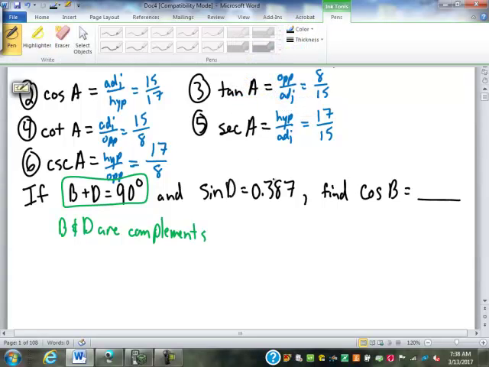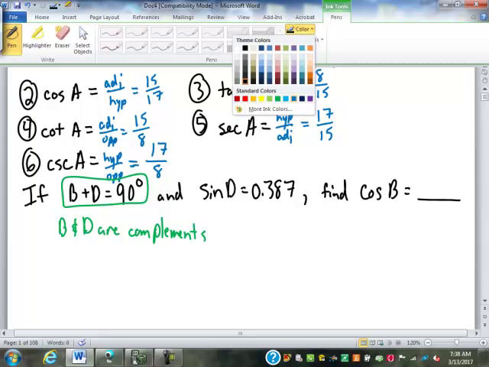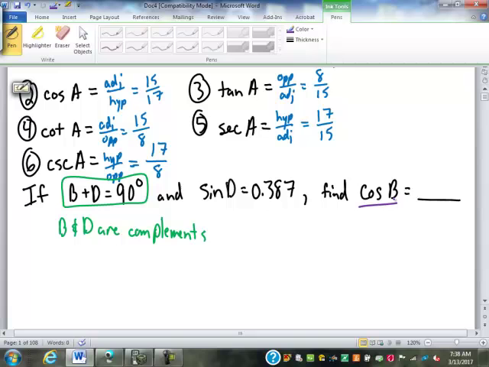That's just that if sine of D is 0.387, what is the cosine of B? B and D are complements. So the sine of D has to be equal to the cosine of B. So the cosine of B is equal to the sine of its complement.